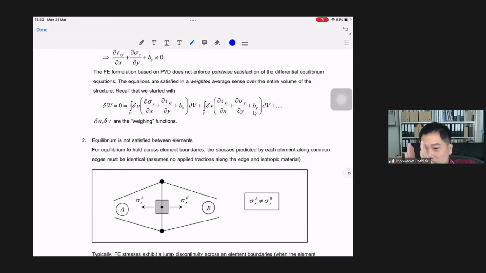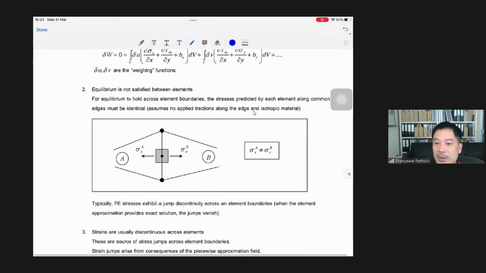So if you monitor these stress or strain jumps and try to minimize them, you can ensure that your approximate solution would be closer to the actual solution as well. So you observe stress and strain jumps across the element boundaries, and you use these jumps as your indicator for errors of your solution.